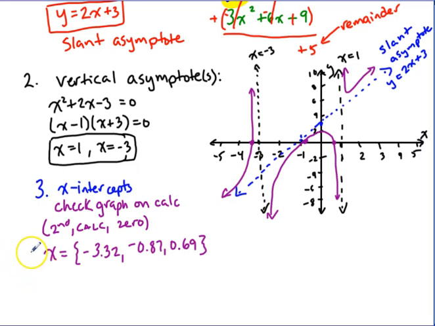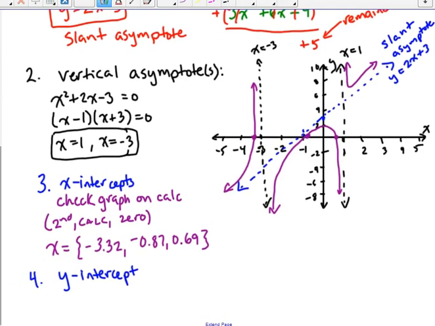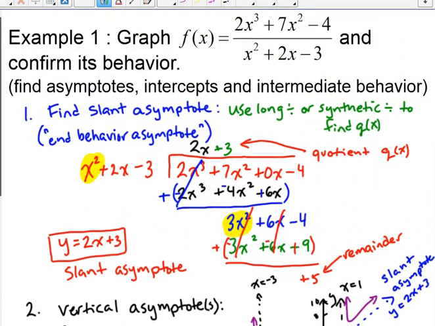Again, we can find that out by subbing in a 0 for all the x's. Let's just do that mental math here. That's a 0, that's a 0, that's a 0, that's a 0. I'm left with a 4 over 3, right?